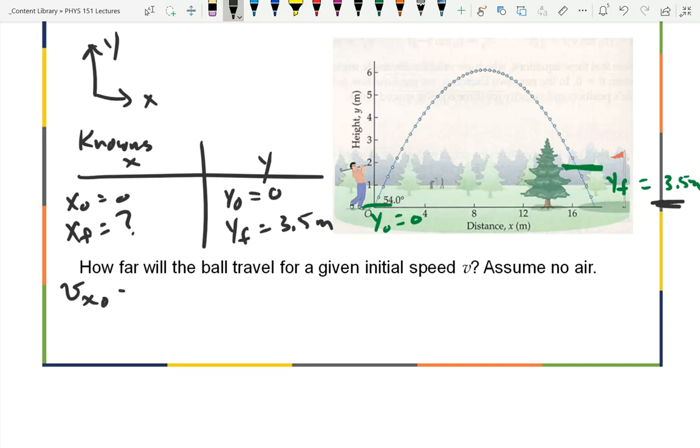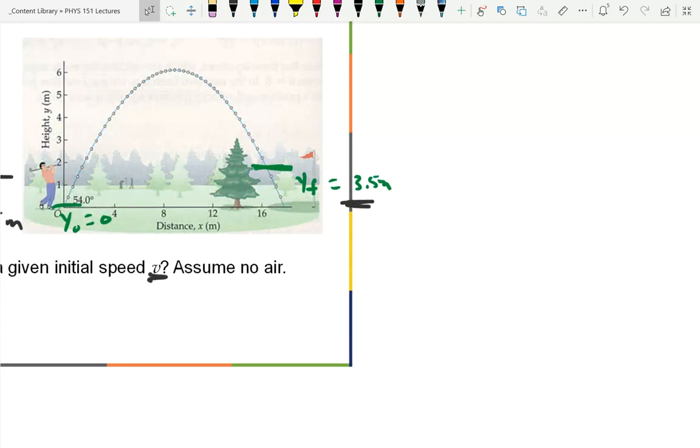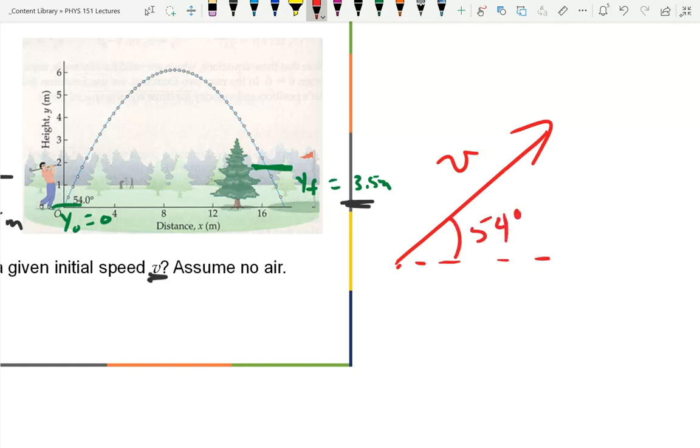Vx initial equals, that's for a given speed. We have v, right? So I need to break my v into its components, and that's going to be assumed to be a known because I'm finding it for a given speed. So I take my v vector, and in the picture it's 54 degrees above horizontal.